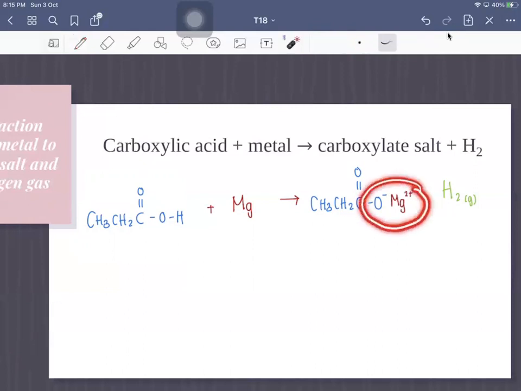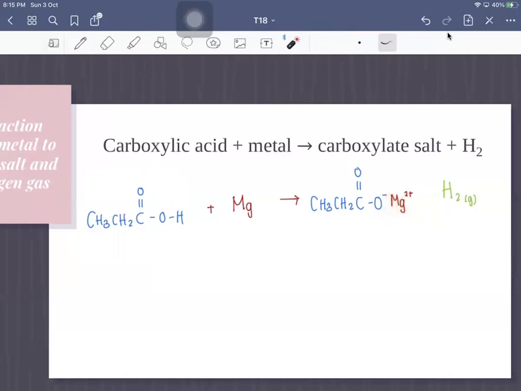Notice that there is a mismatch in charge. So what do you have to do? Remember this rule where you bring down the charge across for an ionic compound, when the charges don't match or don't cancel out.